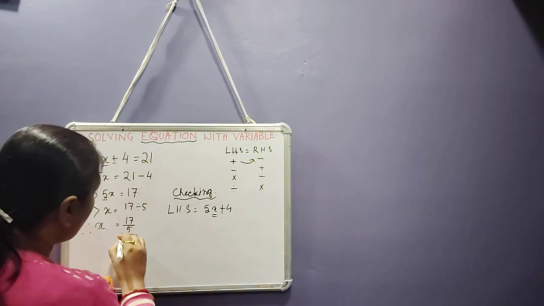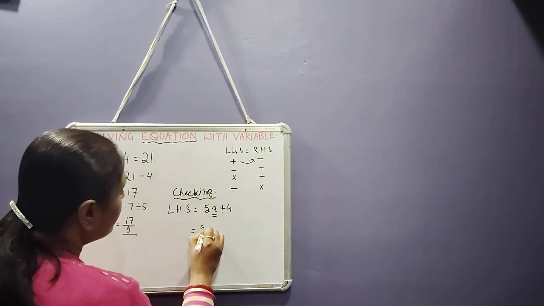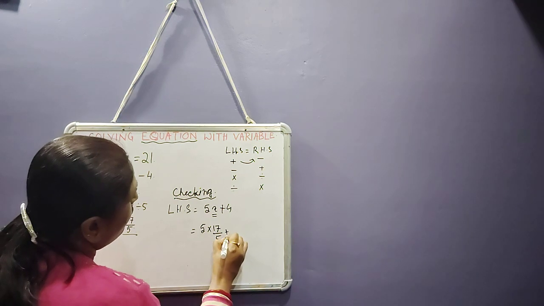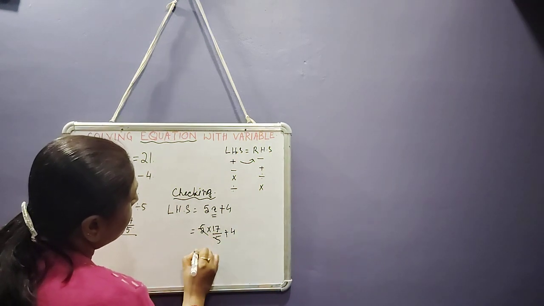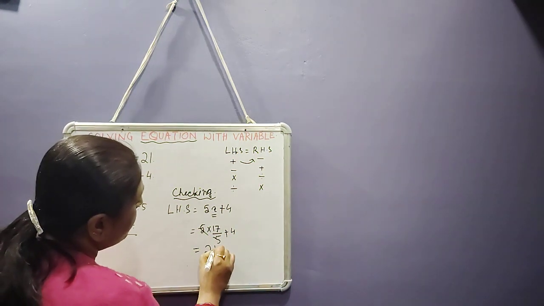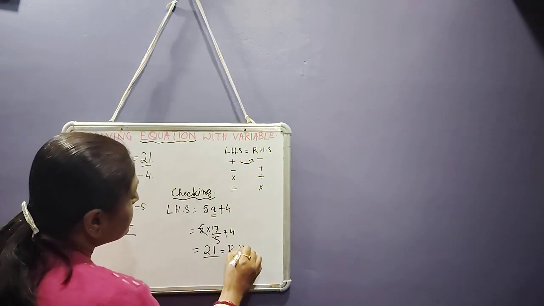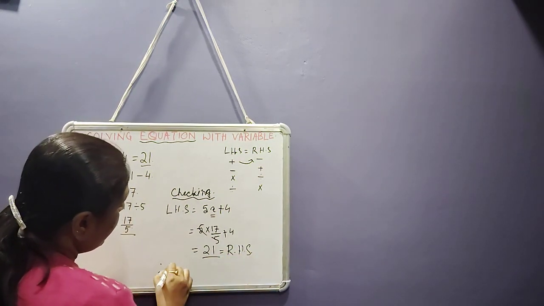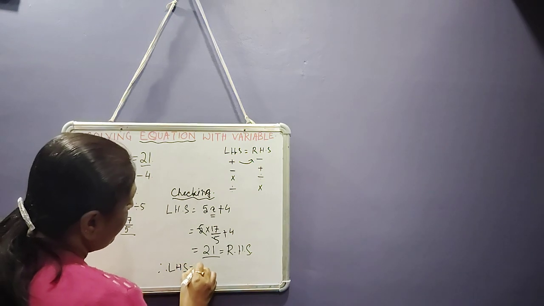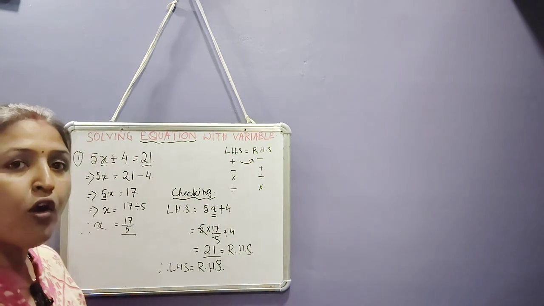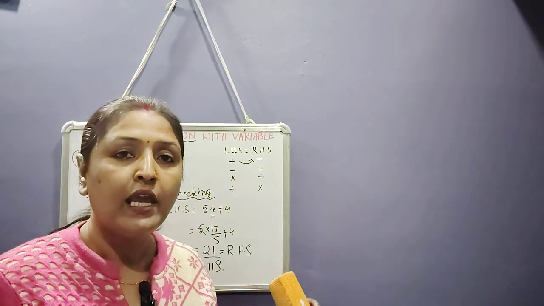What is the value of x here? 17 divided by 5, plus 4. So 5 cancels, 17 plus 4 is 21, which is equal to our right hand side. So we can say that left hand side is equal to right hand side. In that way, you can find out the value of any variable from an equation.